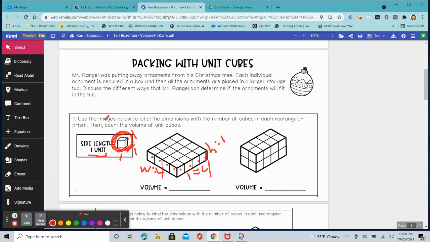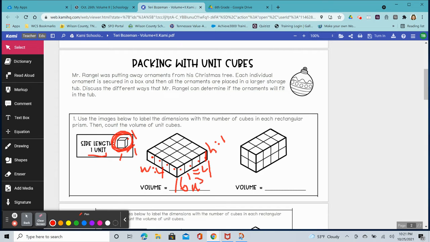And it says, then count the volume of unit cubes. So if we have 4 rows of 4, we would have 1, 2, 3, 4, 5, 6, 7, 8, 9, 10, 11, 12, 13, 14, 15, 16. We only have one row of that, so our volume here is 16 cubic units or units cubed.